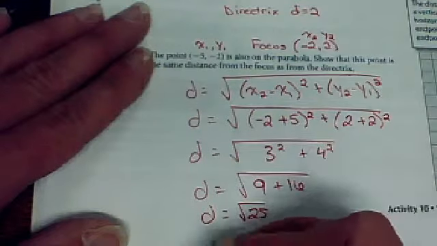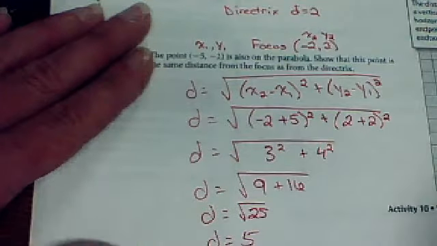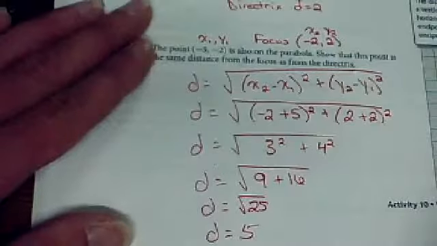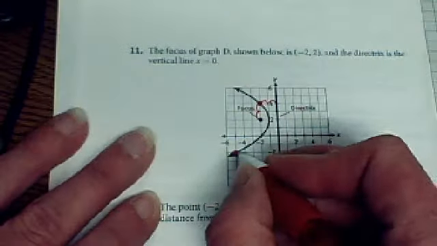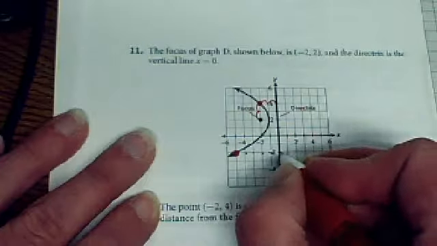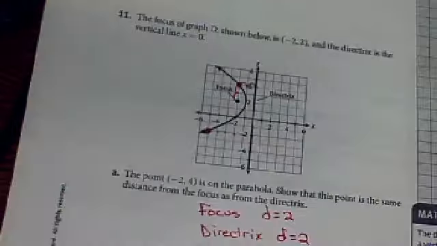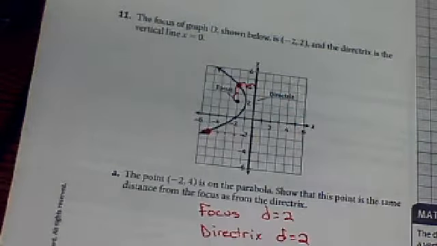So that distance is 5. Let's see if that point is 5 units from the directrix. Here is that point. 1, 2, 3, 4, 5. So the distances are the same from any point on that graph.